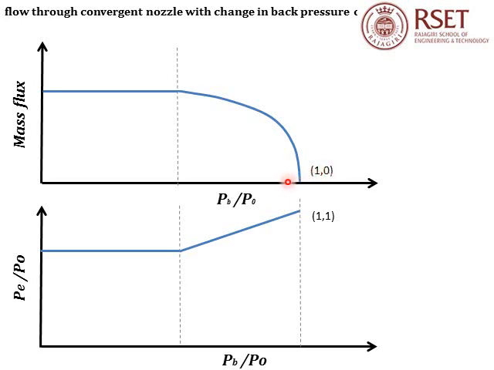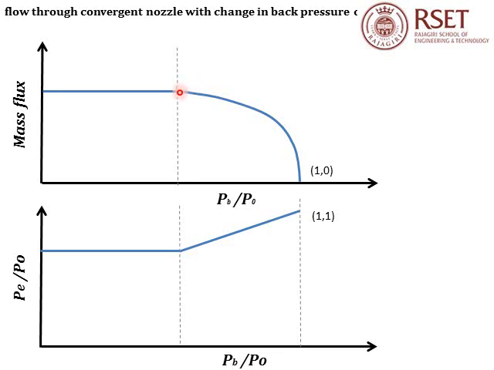And as we reduce the back pressure, we move towards the negative x direction and we see that as the back pressure is reduced, the velocity of the fluid increases and also the mass flux increases. This is shown by the curve and it continues till a particular point where mass flux becomes maximum.